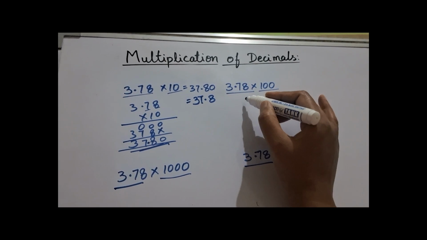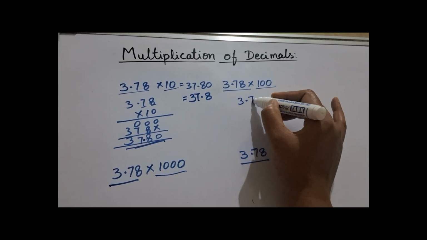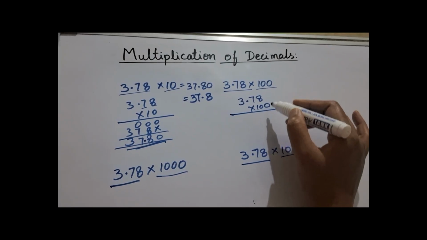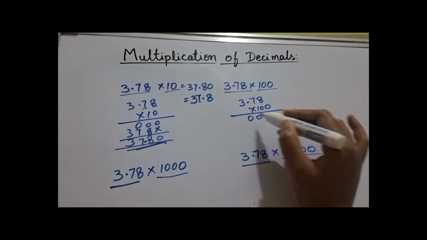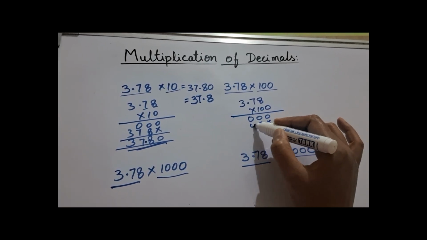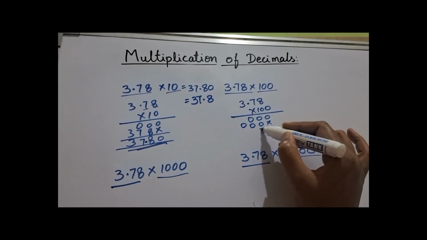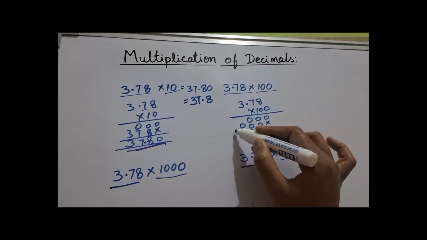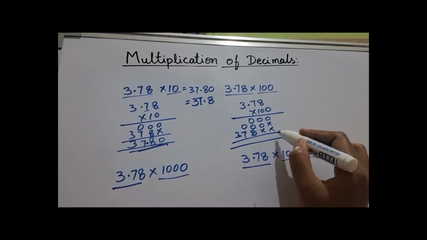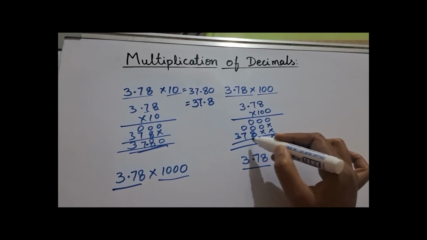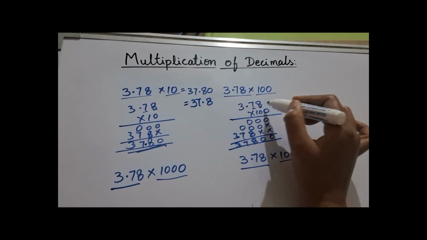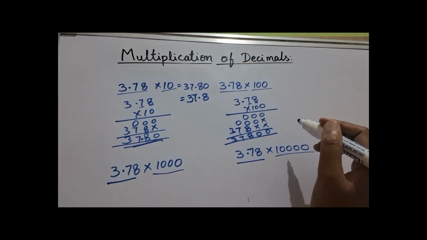Next, this one, what will we get? 3.78 when it is multiplied by 100. Then here also we get 0, 0, 0. And leaving these two places, we will get here the final answer. Okay children. Now here also there are two decimal places.